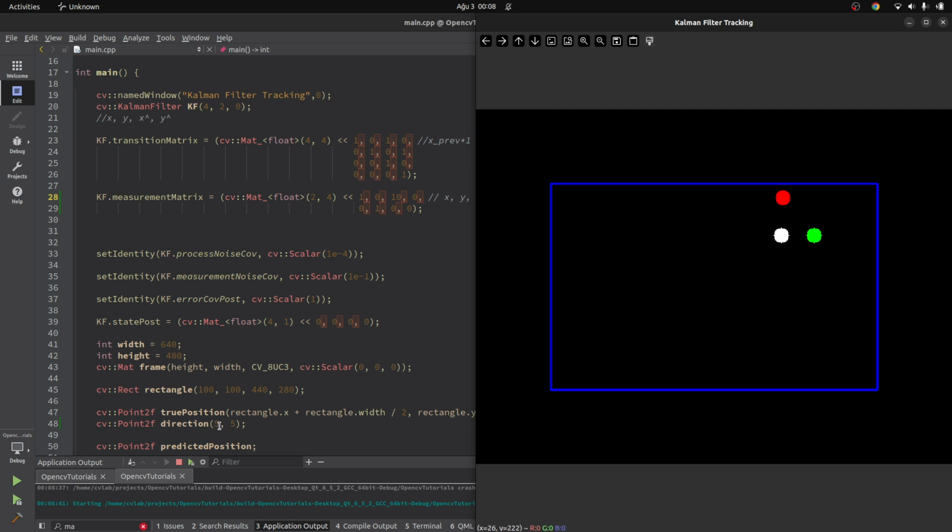Now if we multiply by 10, which we assigned here, 50 should be the difference: here 410, and the green one is 450. So approximately 50 pixel difference, because we made the scale 10. It just multiplies the current velocity by this and adds accordingly.